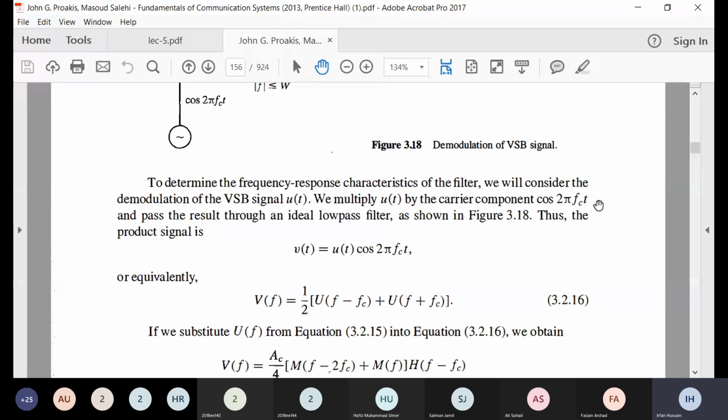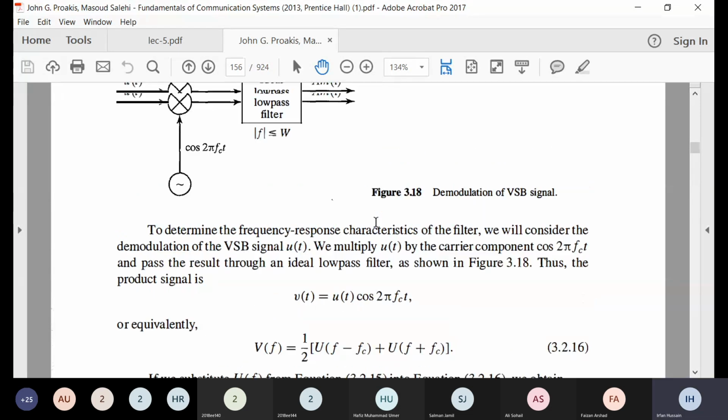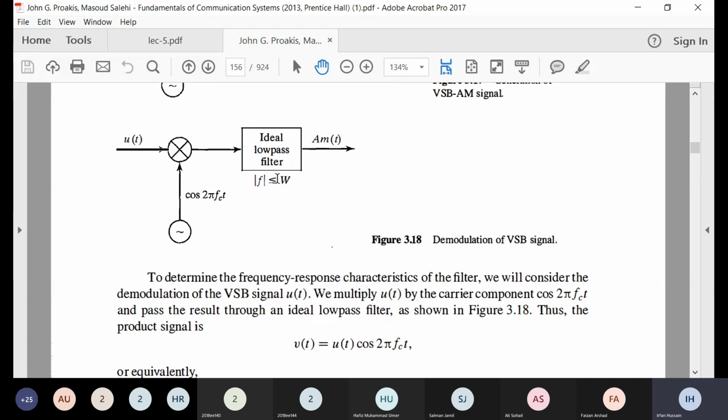So demodulation is again the same. You multiply this with a local oscillator at the receiver, and then you pass it through a low pass filter, as we have seen many times.